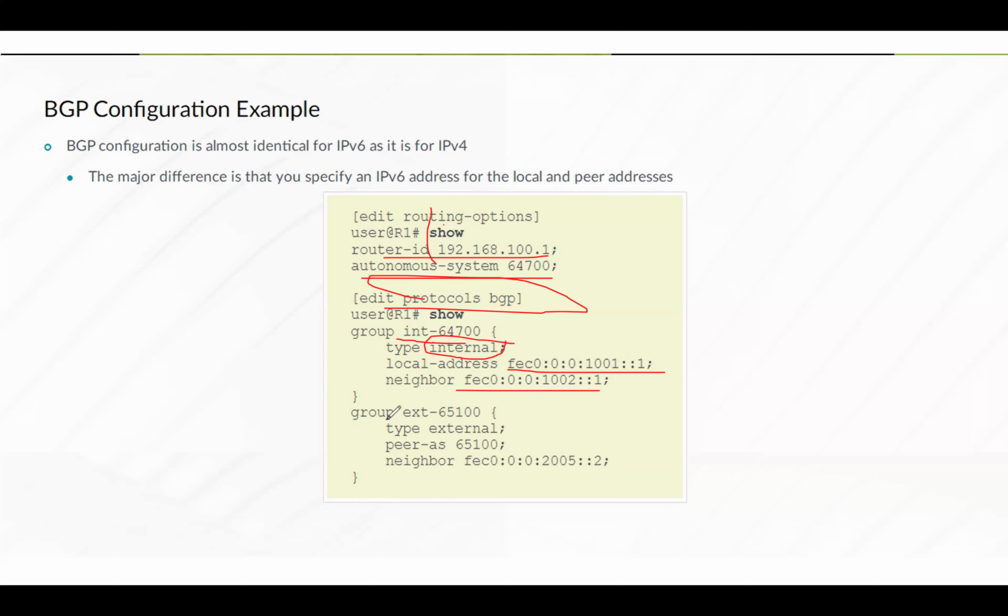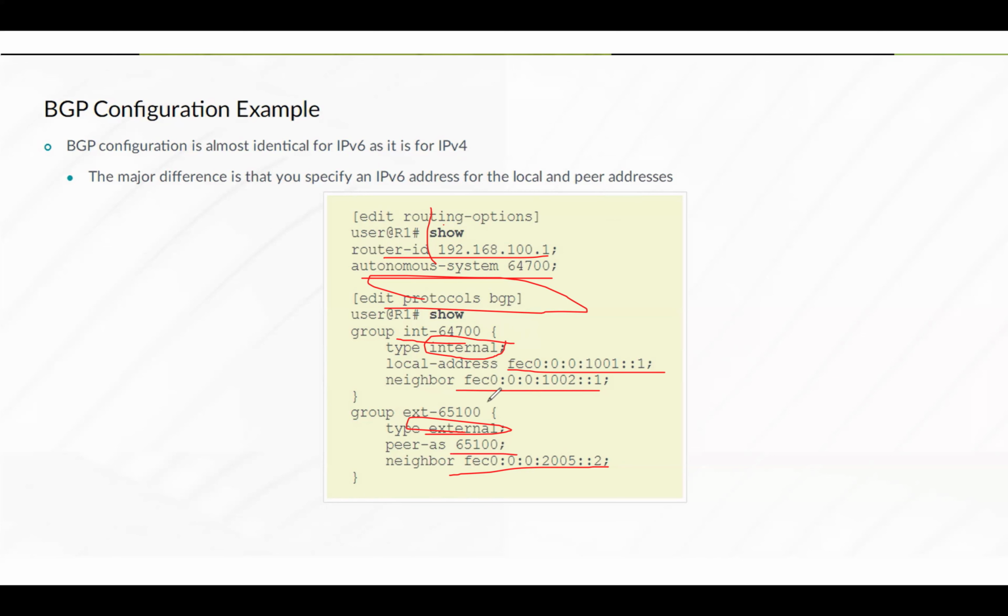If it is EBGP, that means the type is external, and you can define only the neighbor address. There is no need to define a local address. The local address is optional for EBGP, and you have to define the peer AS also.